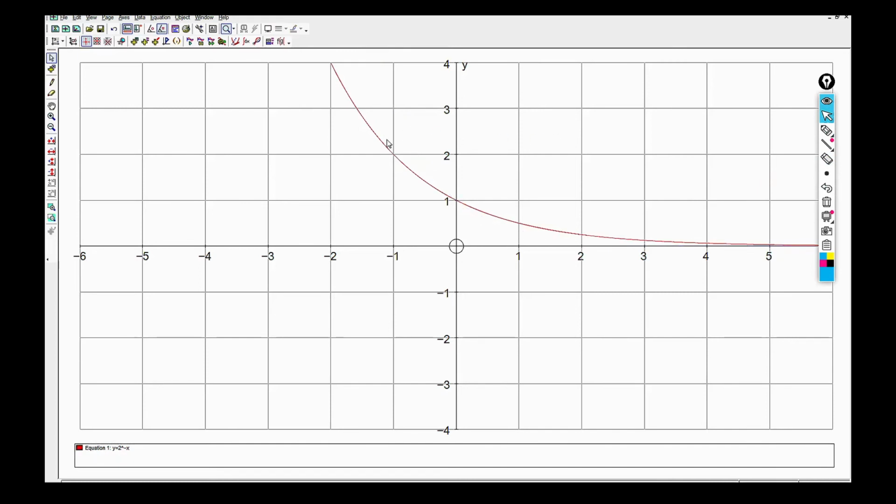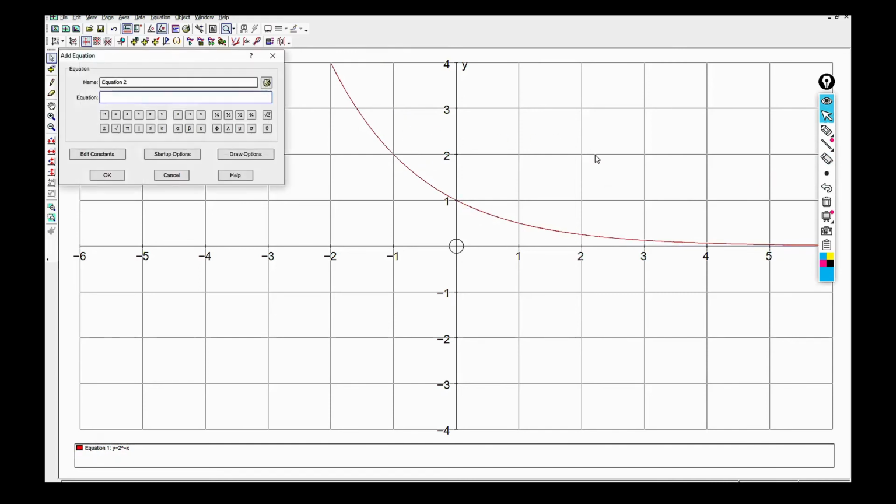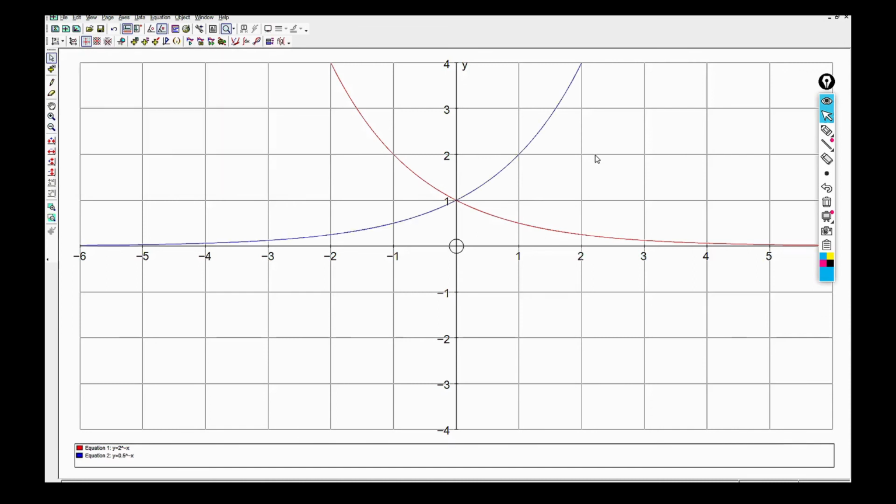Here we've got y equals 0.5 to the power of minus x, and you can see it's then gone on to reflect it. So here what we've got is y equals 0.5 to the power of minus x.